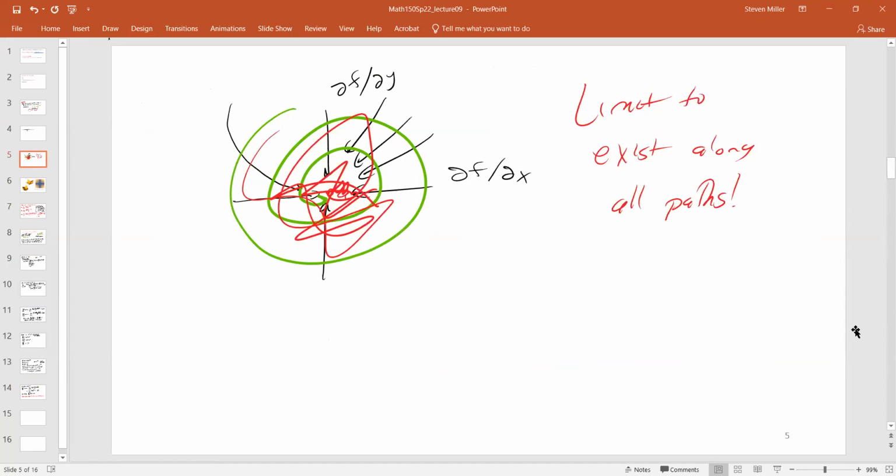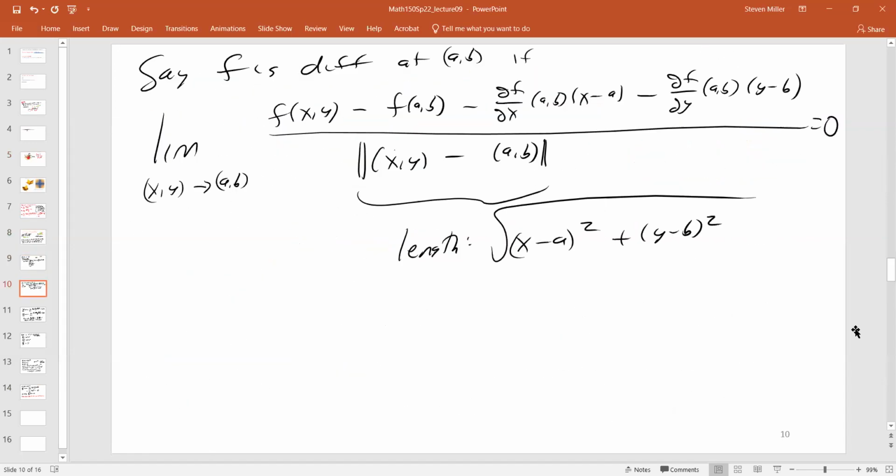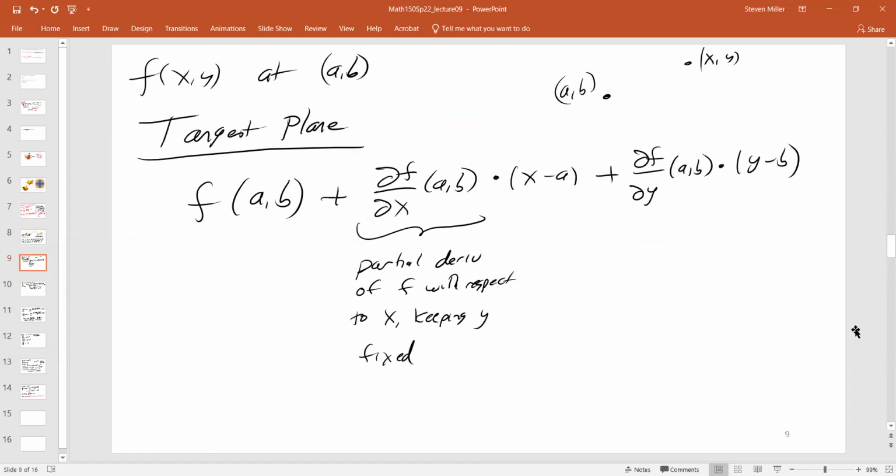We've just seen that as we approach in different ways, we can get different answers. The tangent plane is not going to be a good approximation everywhere. If we try to use the tangent plane, we've got df/dx at (0,0) is 0, and df/dy at (0,0) is 0. So we would just approximate our function by 0, and that's not a good approximation.